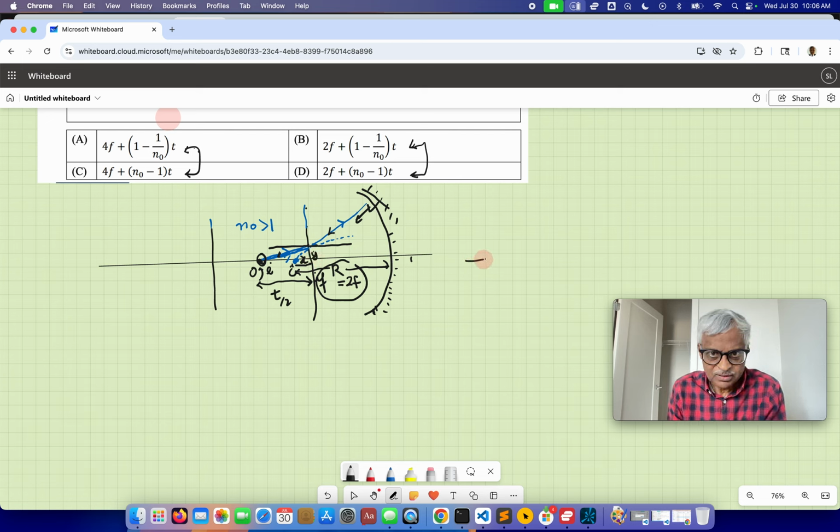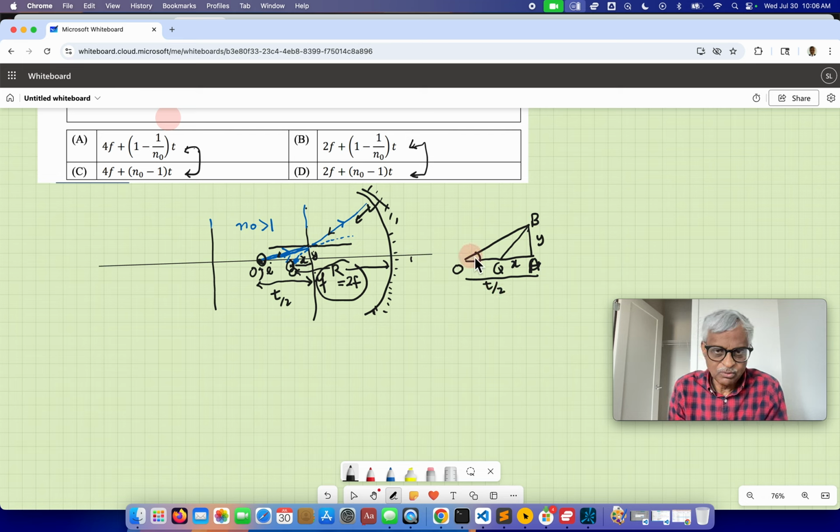So if you look at these triangles, this was, say, O, and let's call it some Q, let's call it A, and B, this is Y, and this is X, this is T over 2.